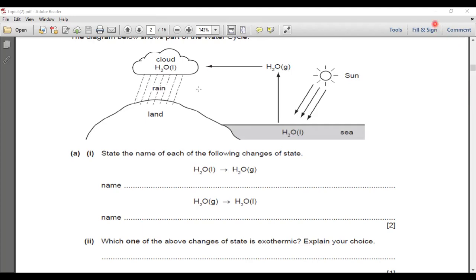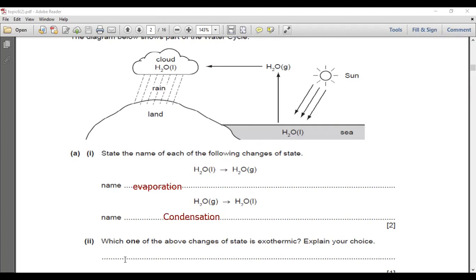Now I'm going to solve the question. Here, from liquid to gas, it's very easy: evaporation. Boiling, that's okay, no problem. Number two, from gas to liquid, condensation.